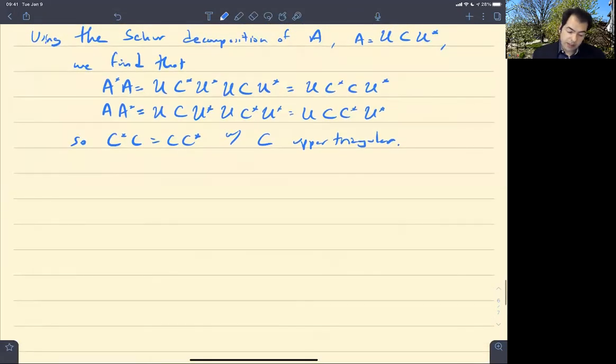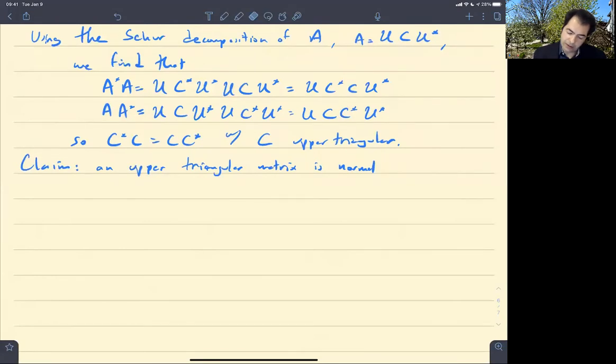Okay, so we'll be done if we show the following claim. An upper triangular matrix is normal if and only if it is diagonal.